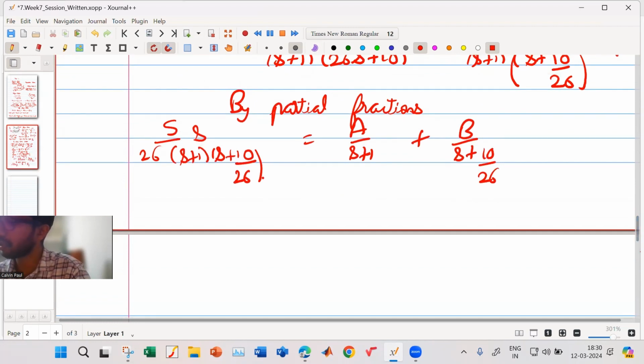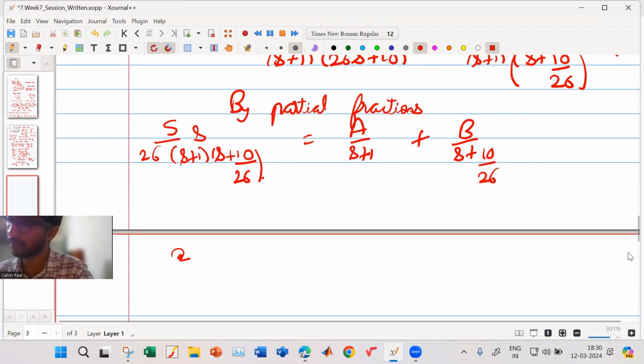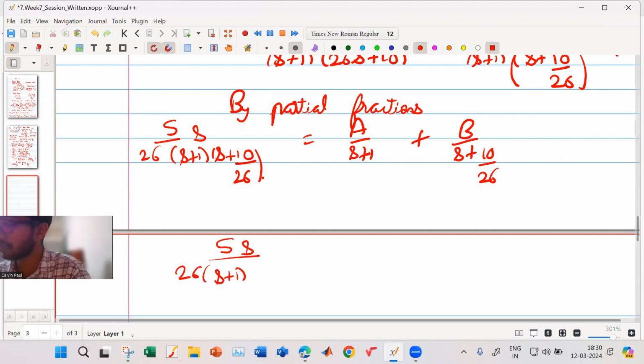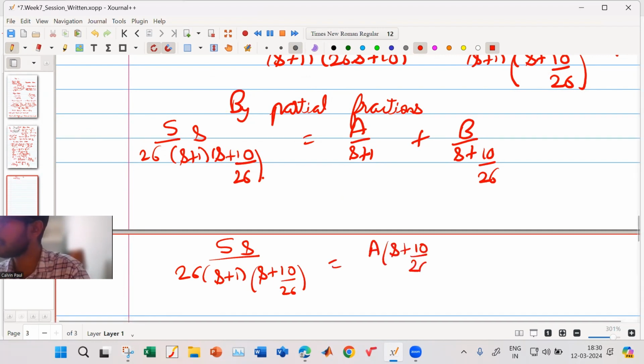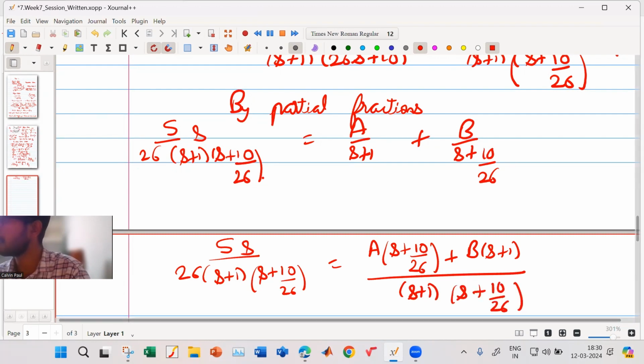So when you cross multiply, you will get 5S upon 26 into S plus 1 into S plus 10 upon 26 is equal to A into S plus 10 upon 26 plus B into S plus 1 upon S plus 1 into S plus 10 upon 26.